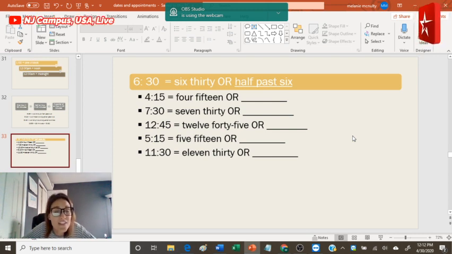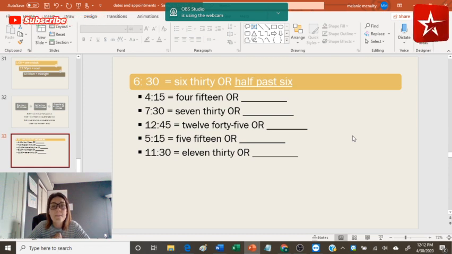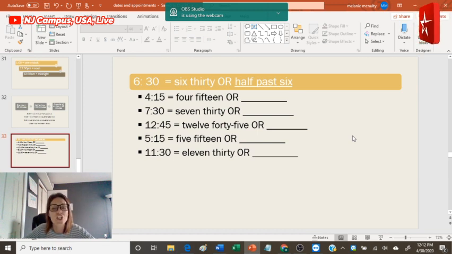Okay, so 4:15, remember 15 we call a quarter. It's a quarter of an hour. So it would be a quarter past four or a quarter after four. Good. Yes, a quarter past four. How about 7:30?